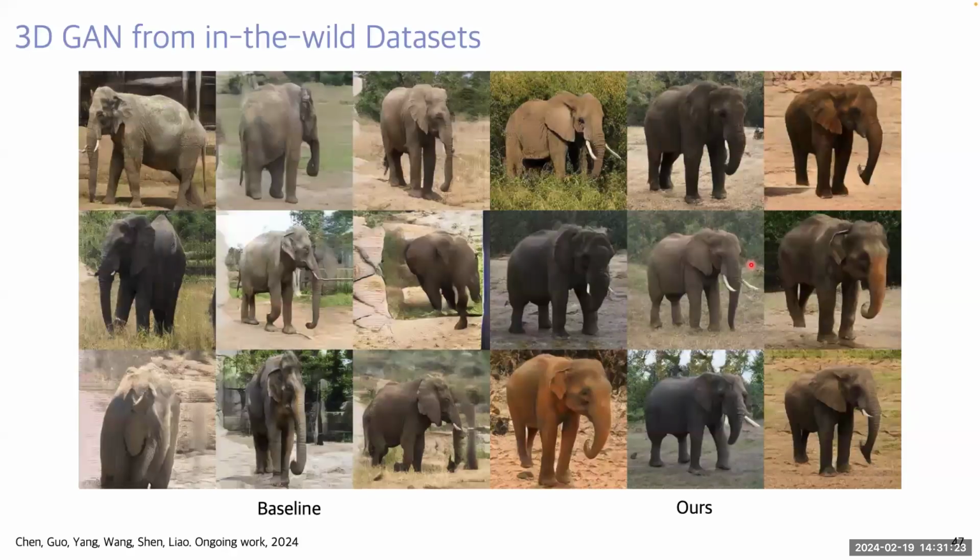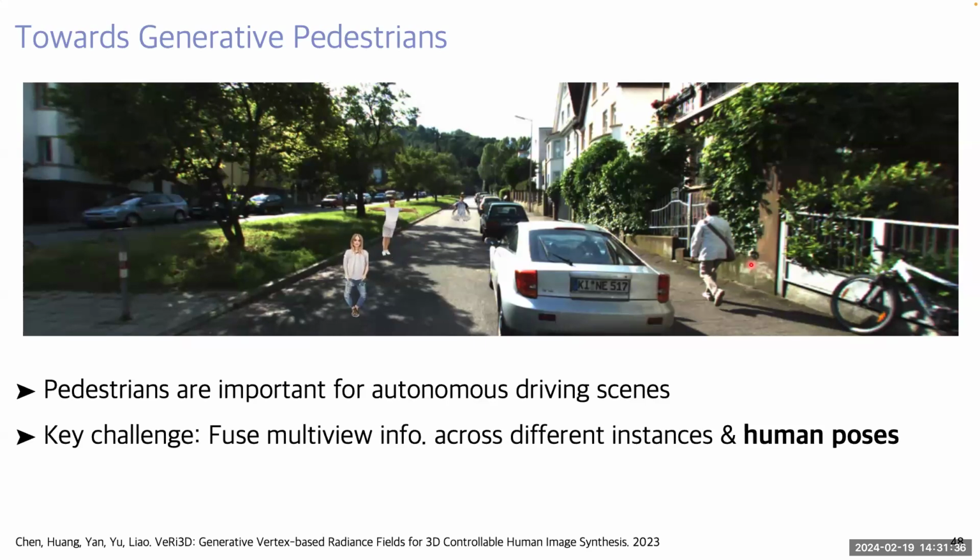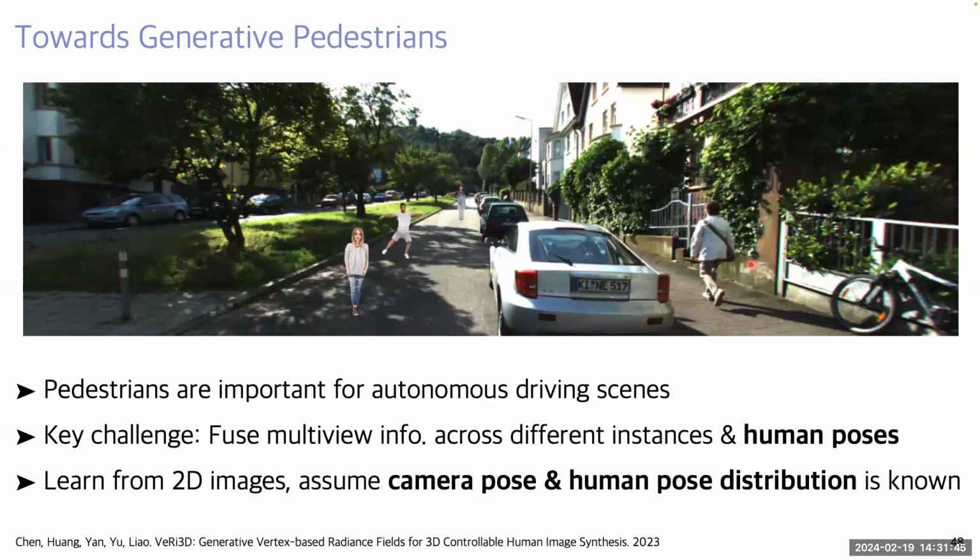And then humans are also very important in autonomous driving. And that's why we also worked on human generation. And I know that you also have very good work in this direction. The key challenge we would like to address here is that now we need to fuse multi-view information across different instances as well as human poses. So we do assume now the camera poses are given, as well as the human pose distribution that is inferred from some existing methods.